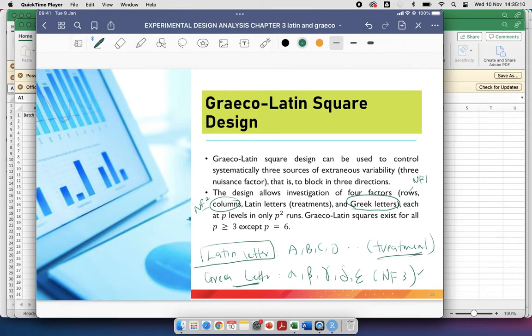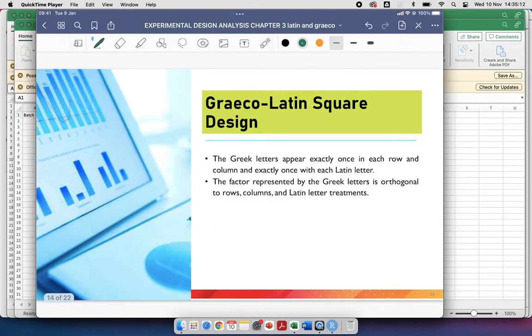Okay, so we look at the example. The Greek letters appear exactly once in each row and column. It is the same as the Latin square earlier. A, B, C, D are Latin, right? So this one is the treatment. Alpha, beta, gamma, delta are nuisance factor 3.